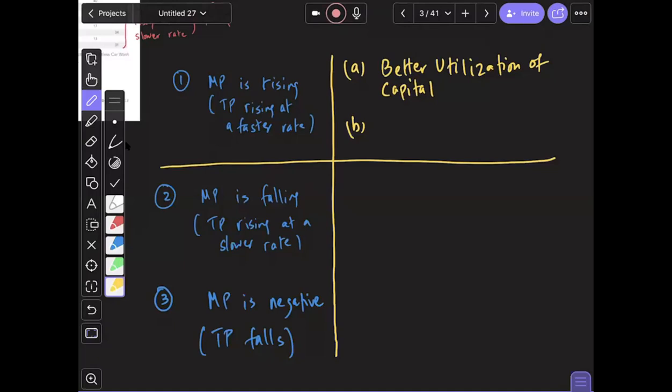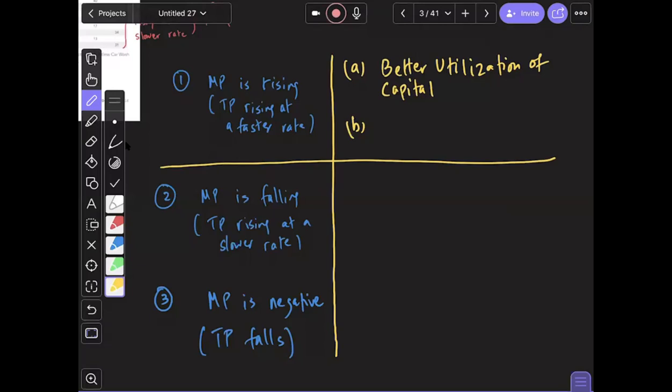If there was more than one person, things could have been done better, because we could utilize capital. So initially we saw when the first guy was doing it all on his own, he was only able to do 30 cars.